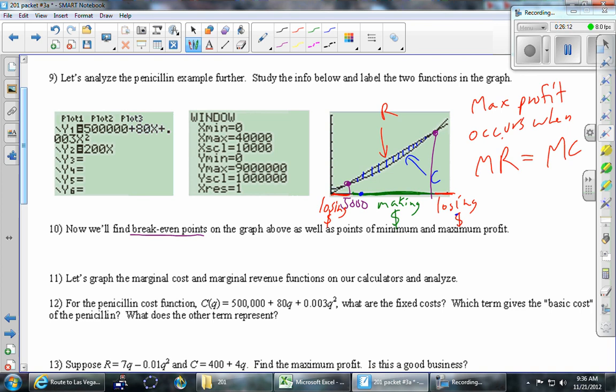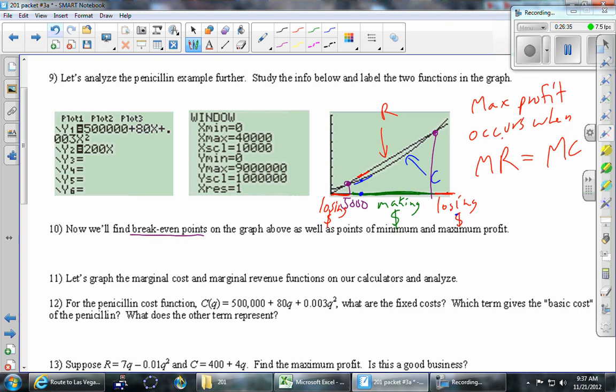So let me erase, that's too much erasing. So let's erase these little blue lines for a second and instead think about tangent lines. So I'm going to draw in blue a tangent line at this point, and in red I'll draw a tangent line at this point, which is actually just the line itself.